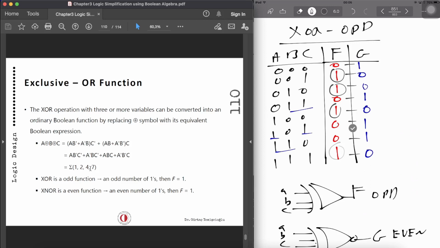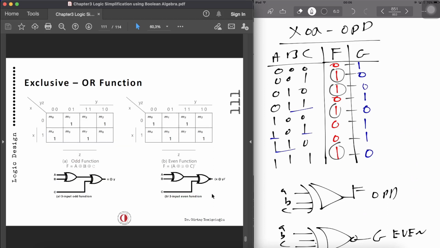These are given here. And on the Karnaugh maps, as you can see, you cannot combine any of the ones with each other. This is the property of exclusive OR and exclusive NOR functions. No matter what you are getting, they cannot be combined with anything else. So you have to write each of these minterms.